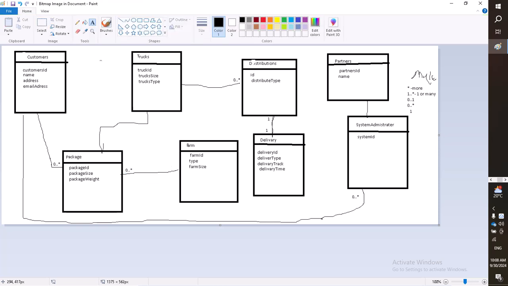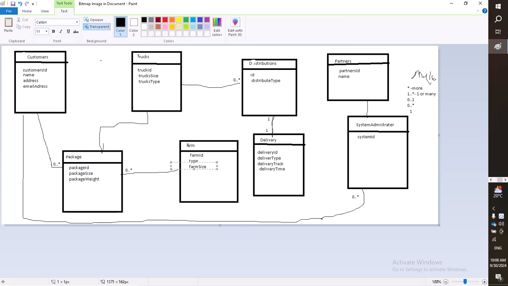And then the package with the farm can be 0 or 1. And then the truck, how many packages will the truck get? Then the truck, it might happen we'll say 0 or 1.